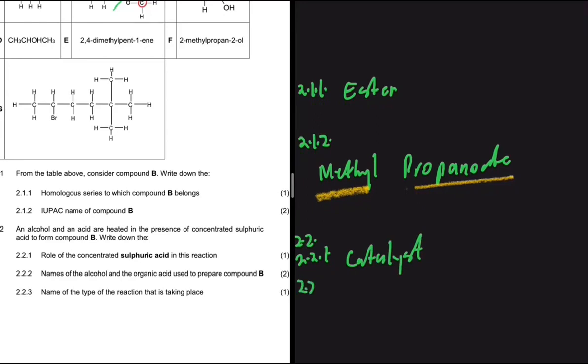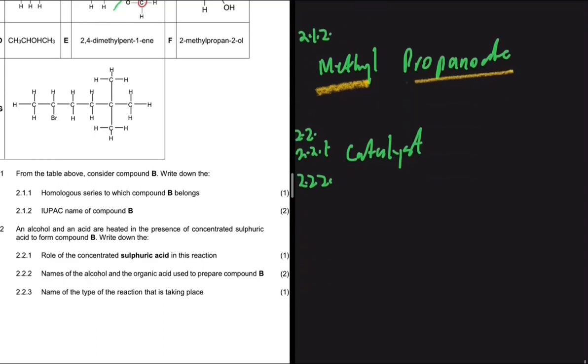And then the answer to 2.2.2, names of the alcohol and the organic acid used to prepare compound B. We have already deduced which alcohol was used and which acid was used when we were naming compound B. So now we're just going to say the alcohol that was used is methanol and the acid that was used is propanoic acid. 2.2.3, name of the type of reaction that is taking place.